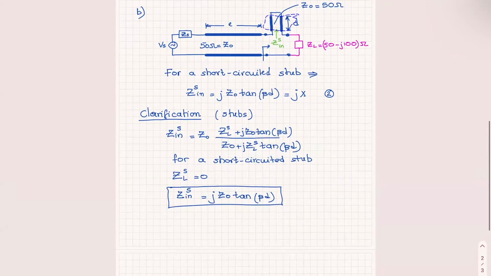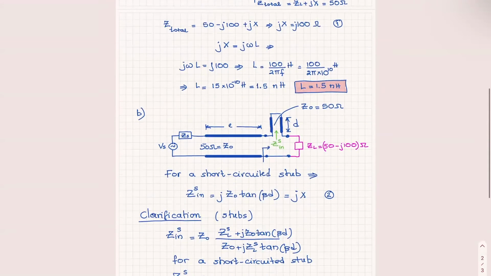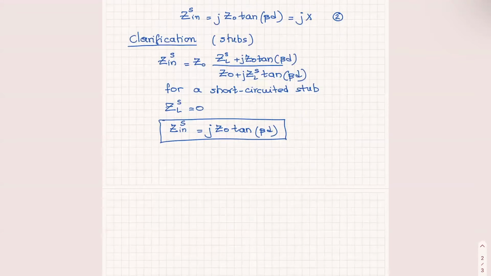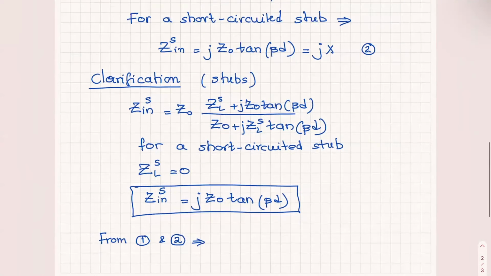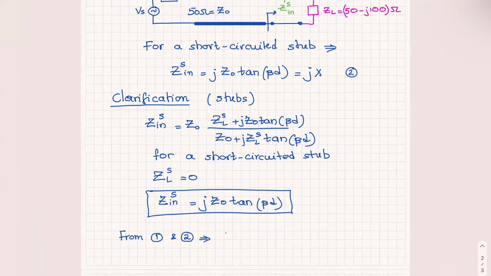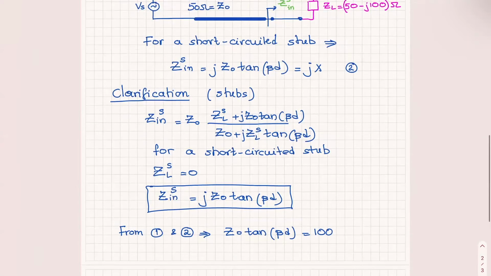Okay, so now from 1 and 2, we find that Z0 tangent beta D has to be equal to 100, all right?